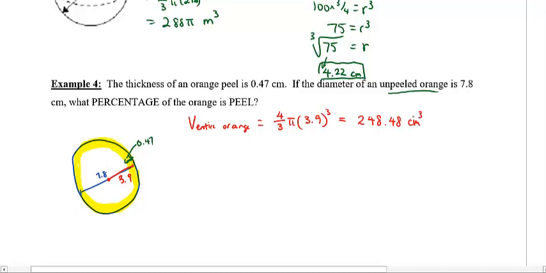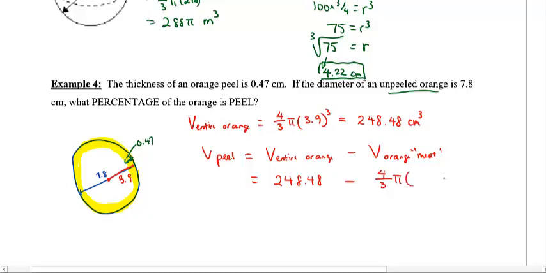Now, the volume of a peel is a little bit different, right? Because the volume of the peel is a little bit harder to calculate. It's really the volume of the entire orange minus the volume of the actual orange meat, or the good stuff that we eat. I'll call it meat. I don't know what else you want to call it. To find the volume of the meat, we have to use the formula 4/3 pi r cubed.